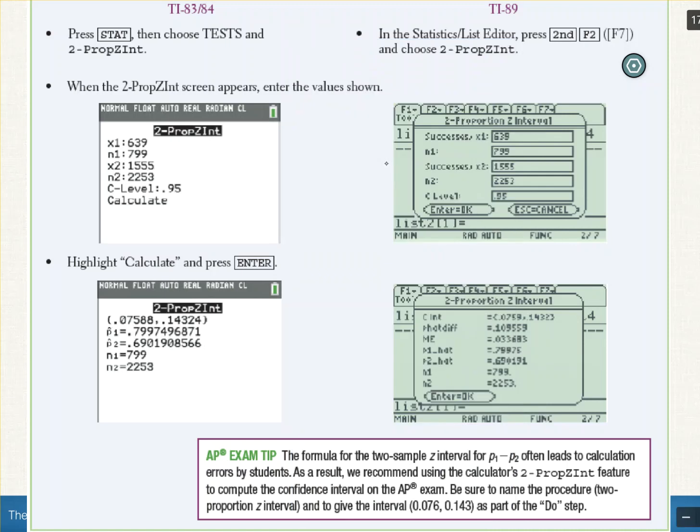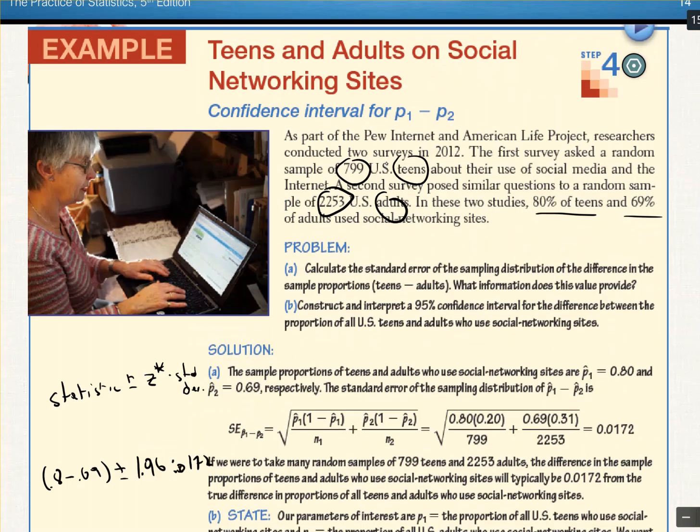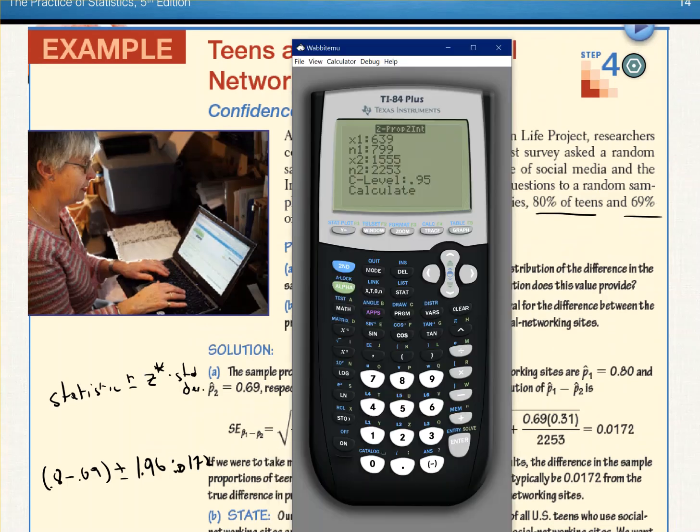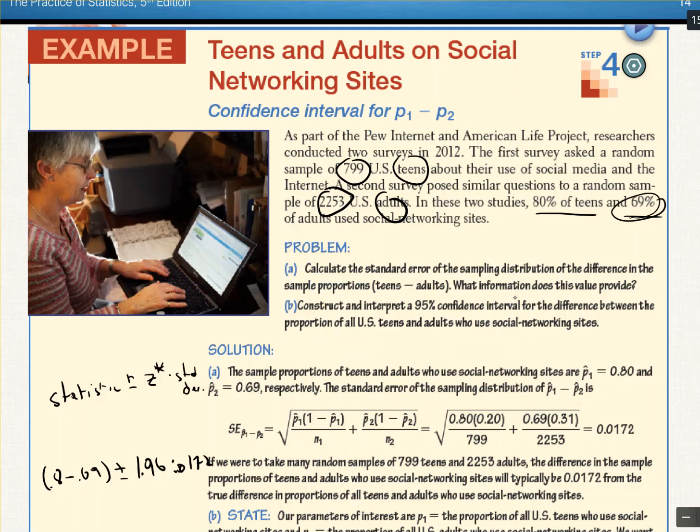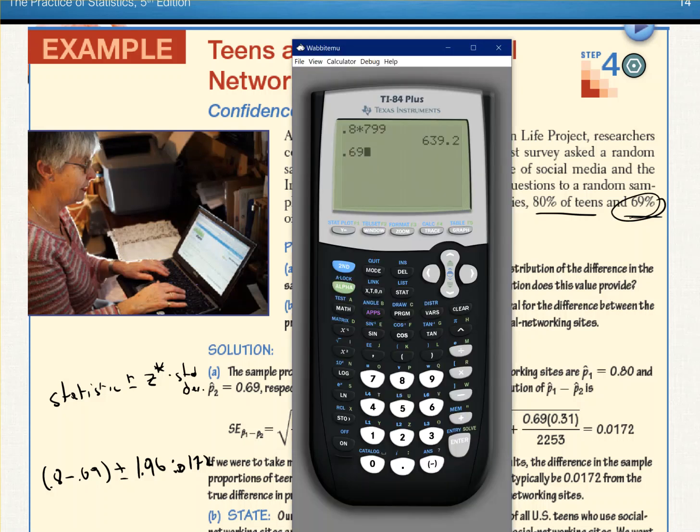Well, think back to the original problem. It said 799 US teens and 80% of them. So 0.8 times 799 gets me 639. And then if I do 0.69, because that's the percent of adults, times 2253, notice I get 1555.